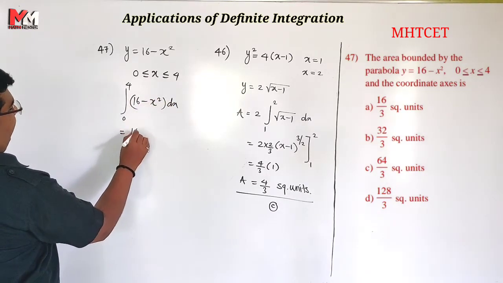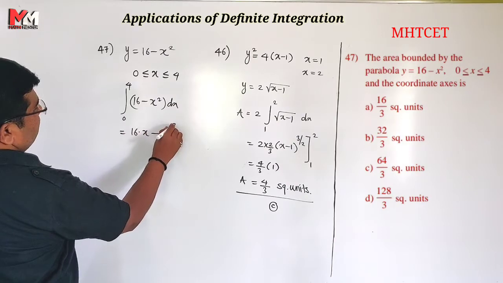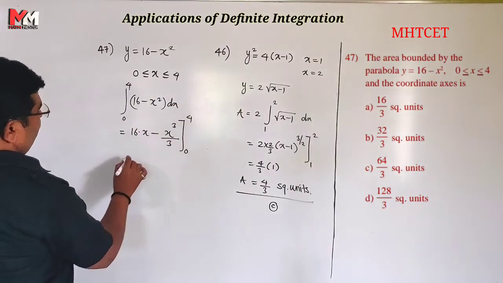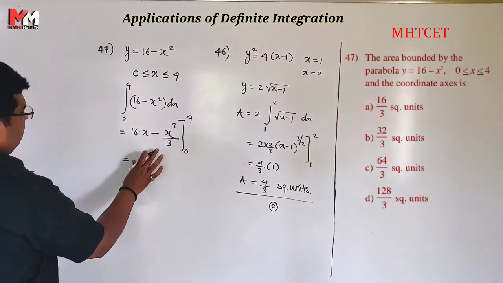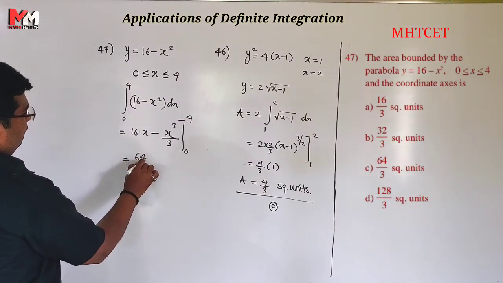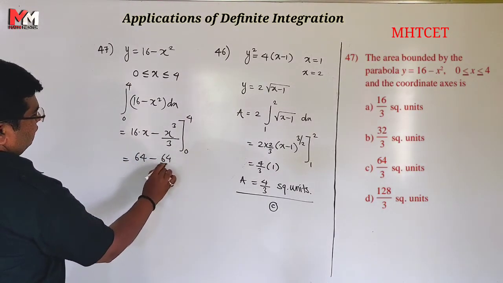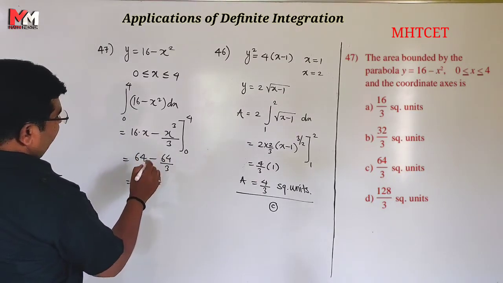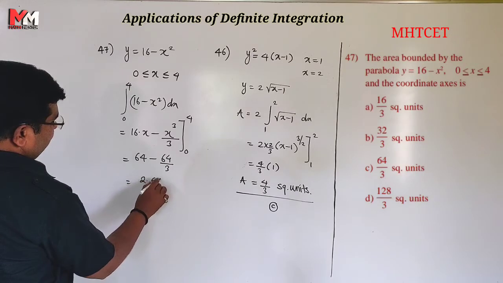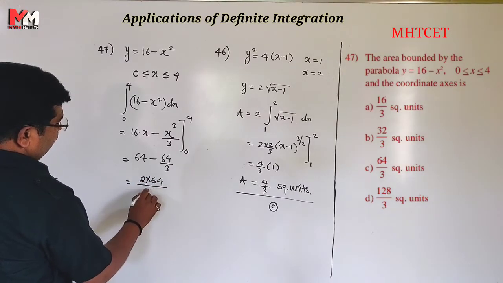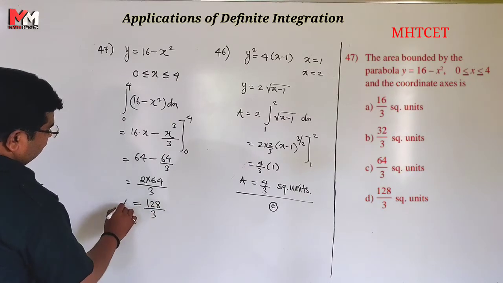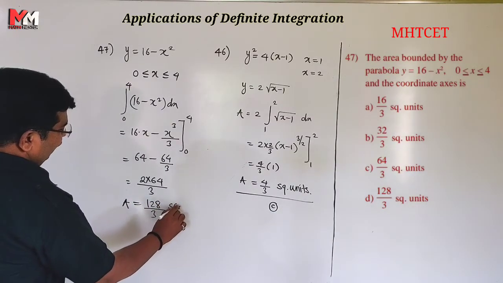So 16x minus x cube by 3 from 0 to 4. 16 fours are 64, 64 minus 64 by 3. 3 into 64 minus 1 into 64 means 2 into 64, 2 into 64 by 3. So the answer is 128 by 3.